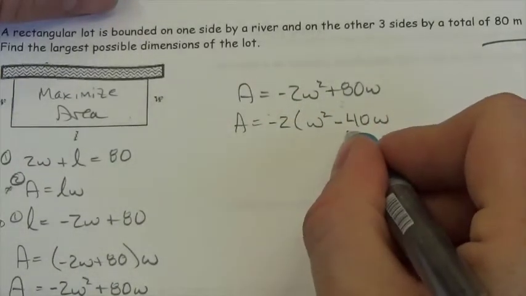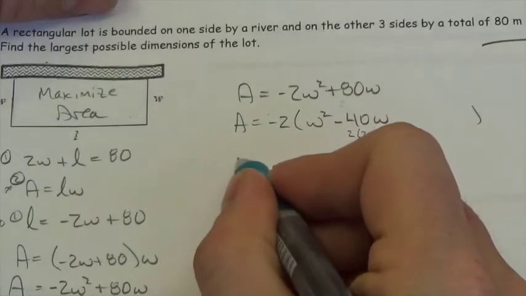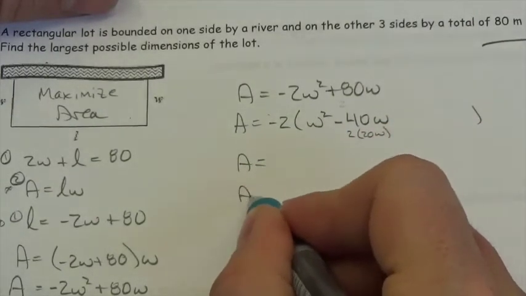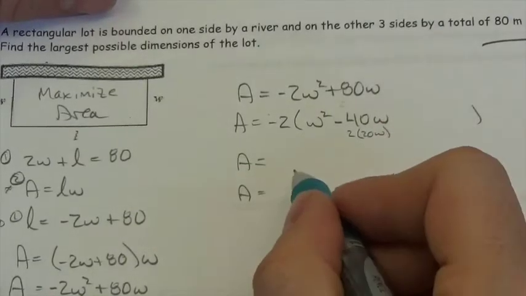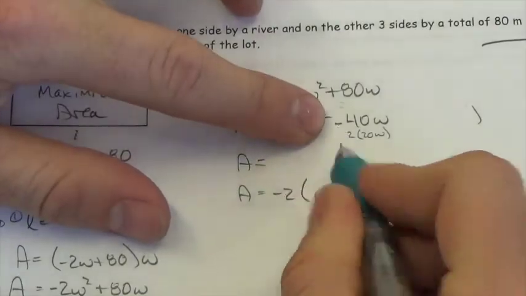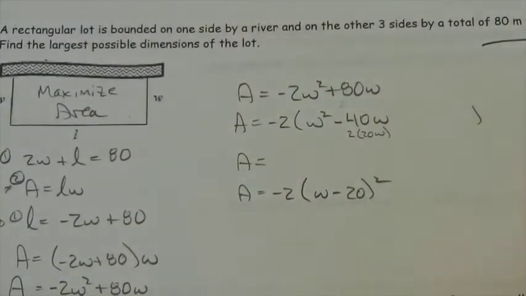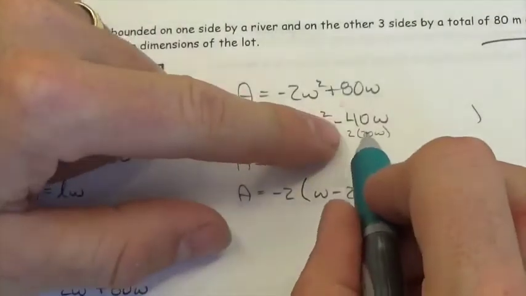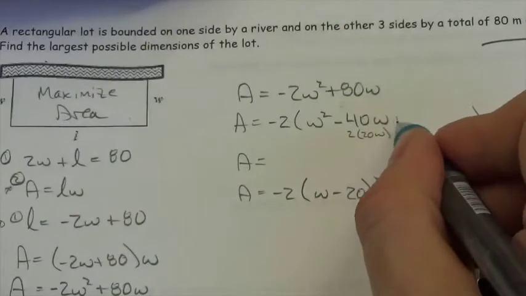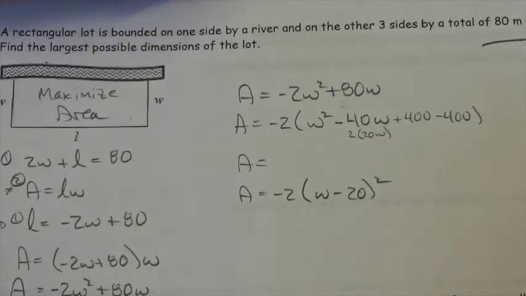Now I look at that second term. I know there's supposed to be a 2 there, which would leave me with 20W. And I know from two steps down, this is going to be negative 2 times (W minus 20) squared. And it's that value outside there that I need to look for. So now I come back up here. I know I yanked that number 20 out, so I'm going to square that. So that'll be 400 minus 400.